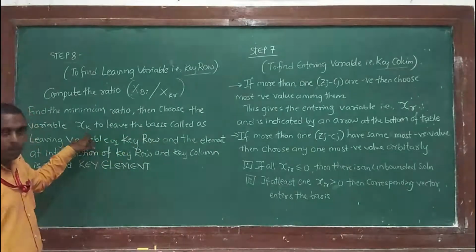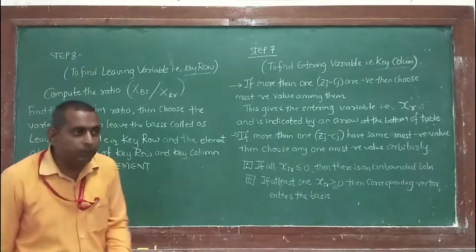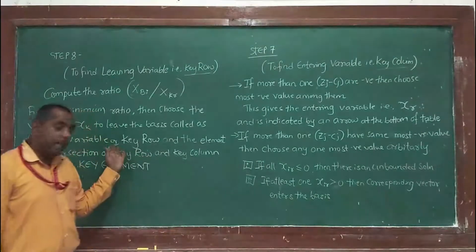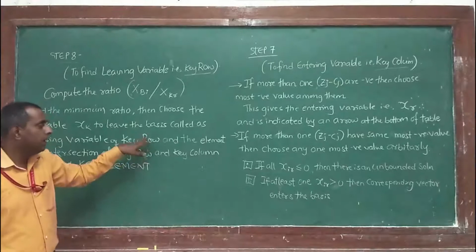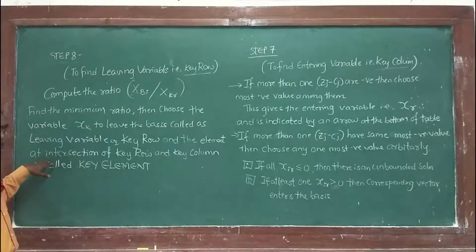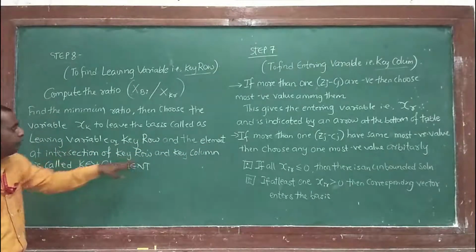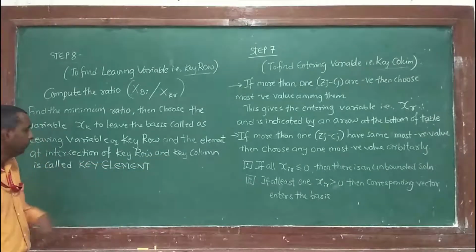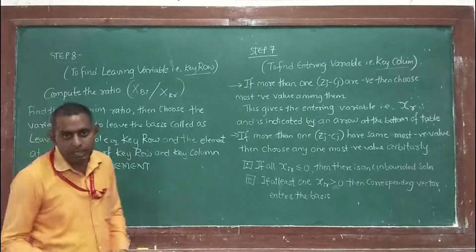Choose the minimum xk value as the leading variable, and it is called the key row. Next, the element which we got by the intersection of key row and key column is called the key element.